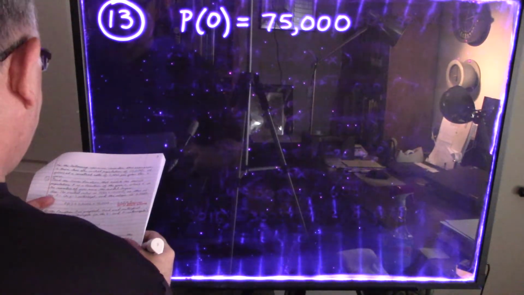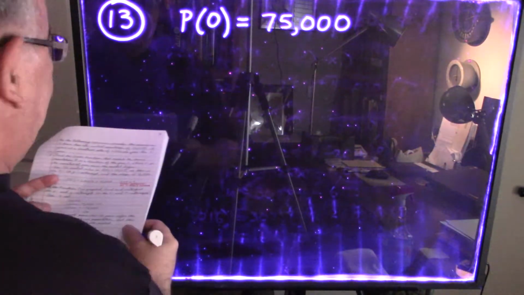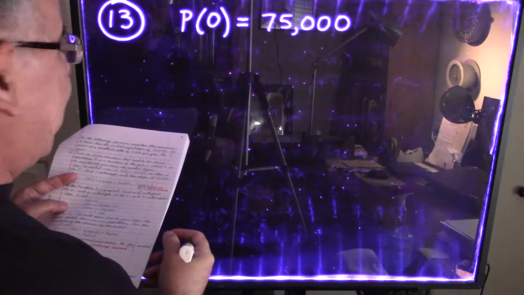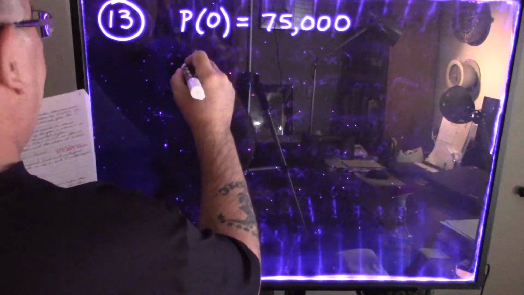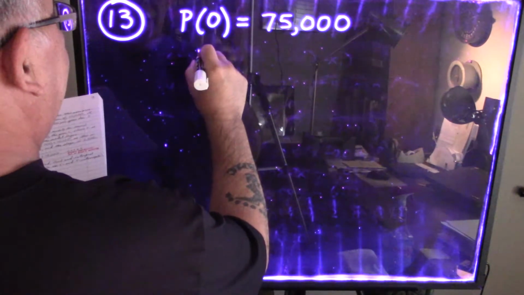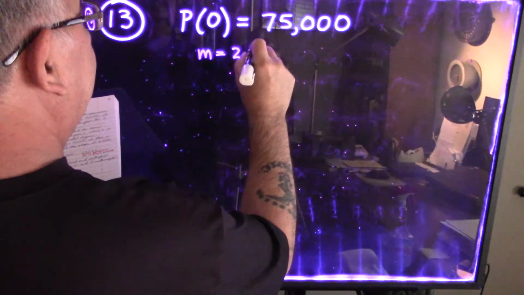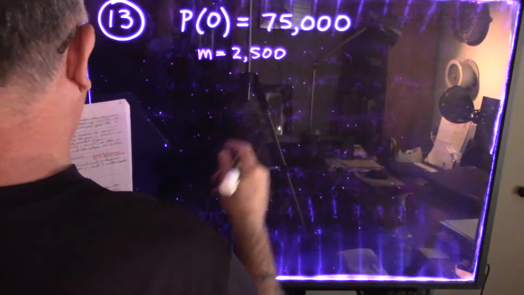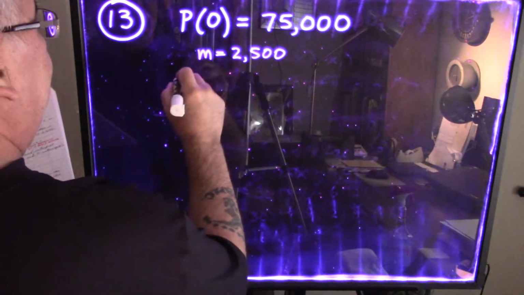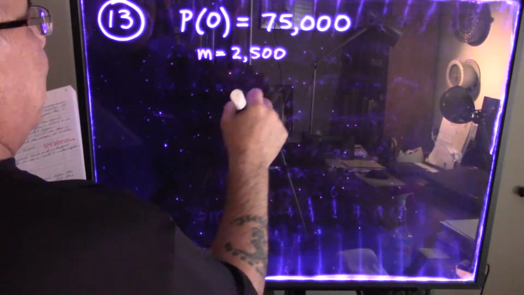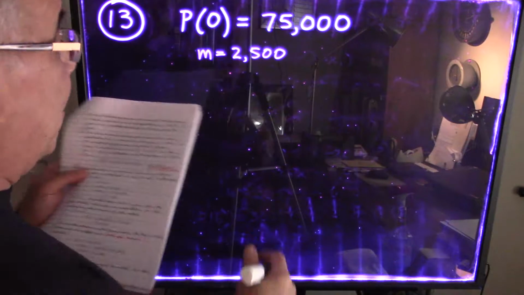Alright, so you can call it the p-intercept, or if you're using a y-axis, the y-intercept. And the slope is 2,500, alright? That's the rate of growth per year, 2,500 per year. So the function then, it's pretty easy. This is the y-intercept, that's the slope. Slope-intercept equation, right?